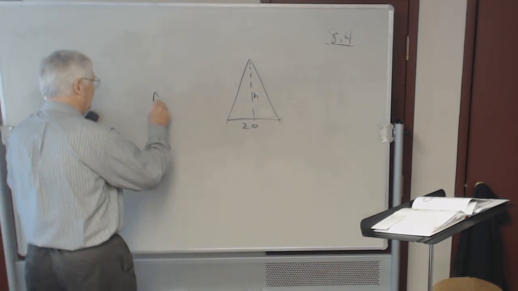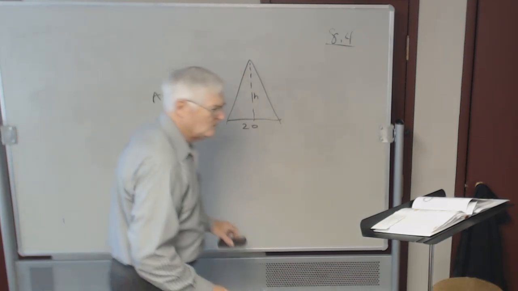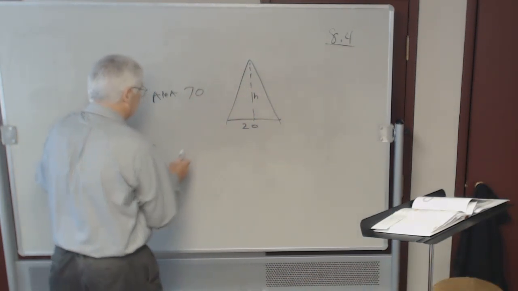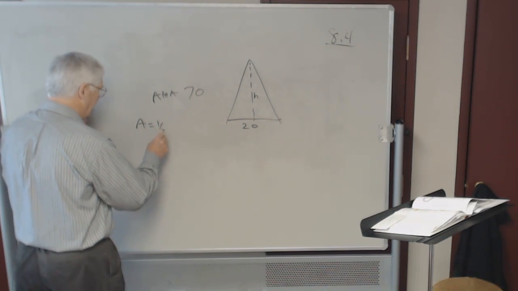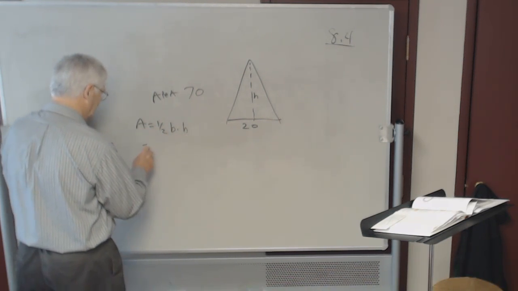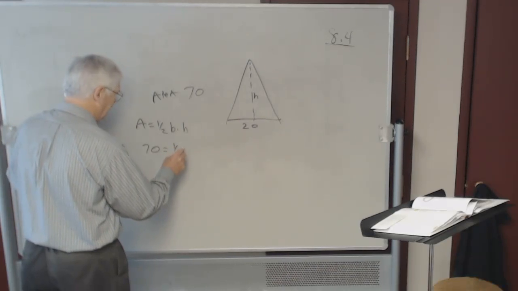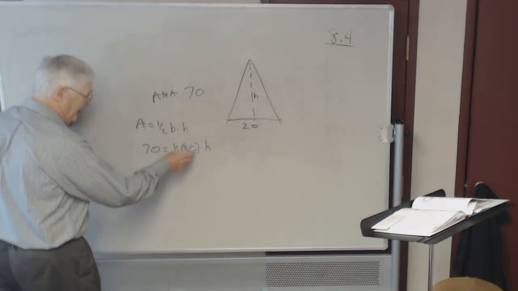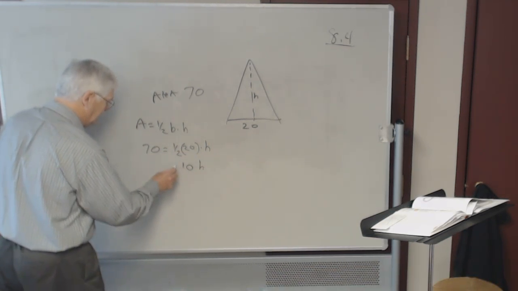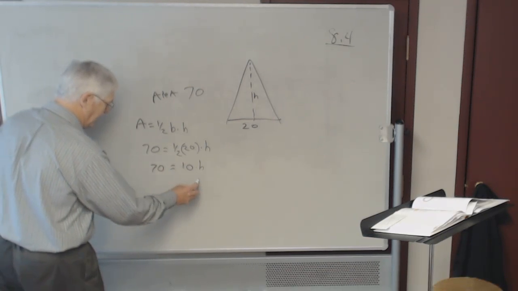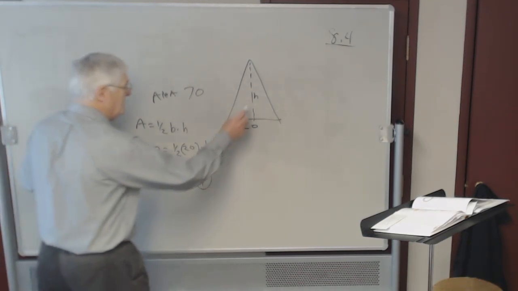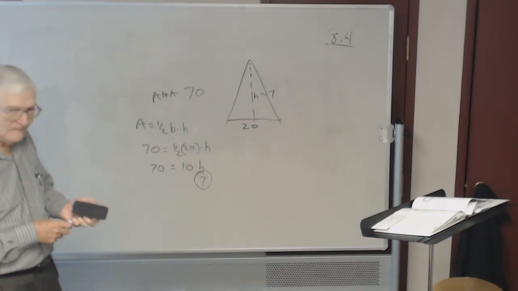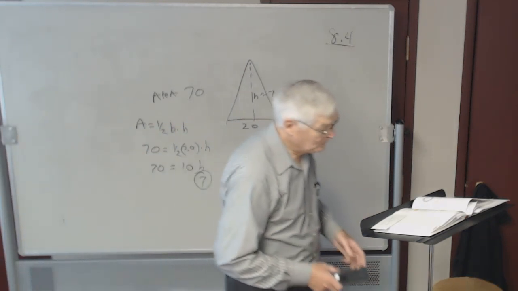But they tell me that the area is 70 square inches. And the area is 1/2 base times the height. So 70 equals 1/2 times 20 times h. 1/2 of 20 is 10, times h equals 70. So h would have to be 7. Okay? Did I move too fast for you on that one?